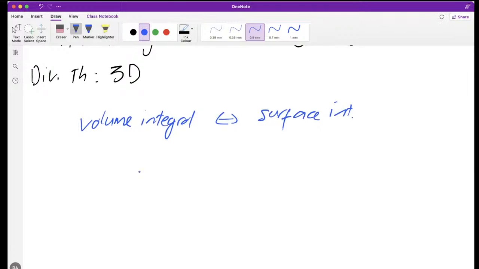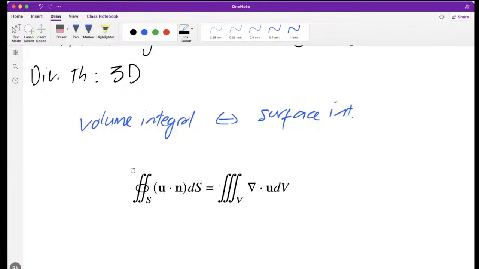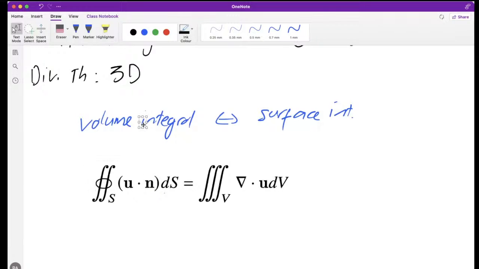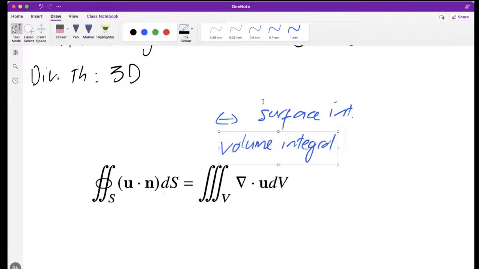So if I put it in this standard form here, then it would be the other way around for the statement at the top here. So this would be the volume integral, and the left hand side is the surface integral.